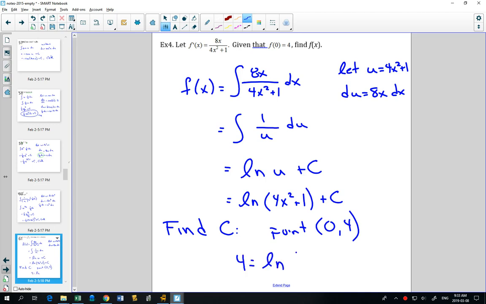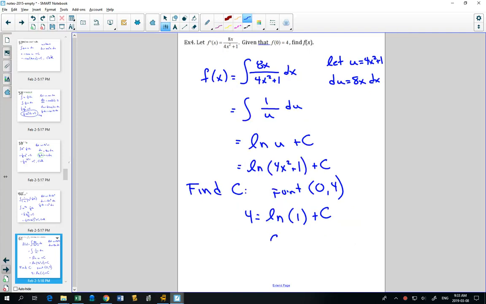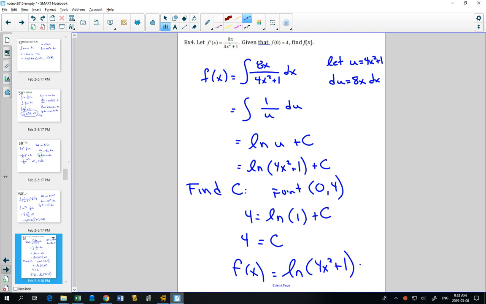So natural log of 0 plus 1 is natural log of 1 plus c. Mental math, what is the natural log of 1? 0. And so we find out that c is equal to 4. So we can say f of x is equal to the natural log of 4x squared plus 1 plus 4.